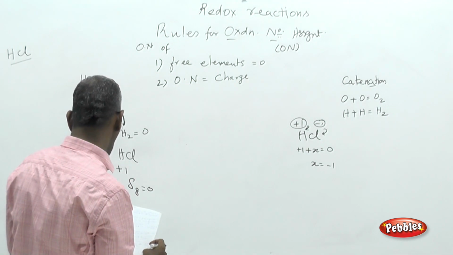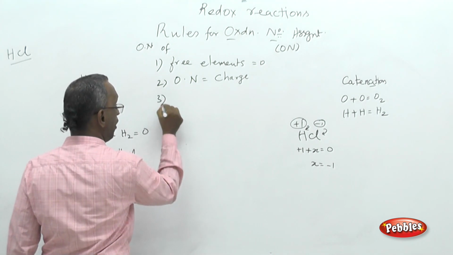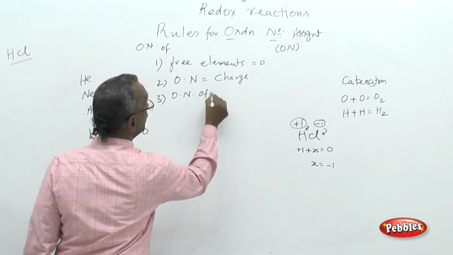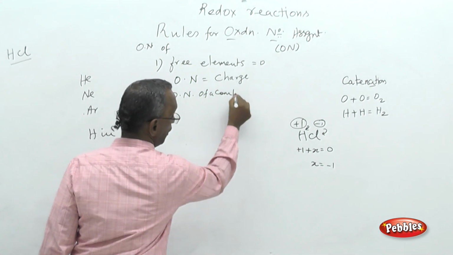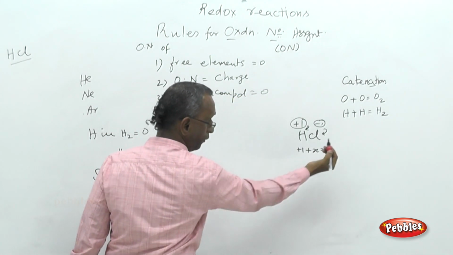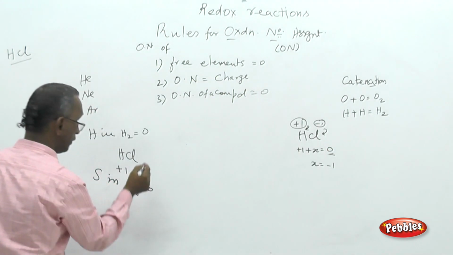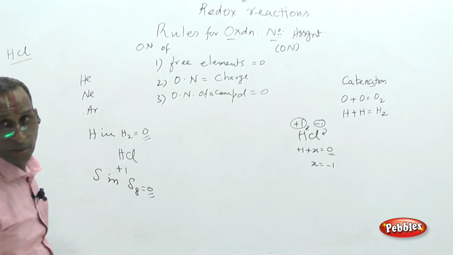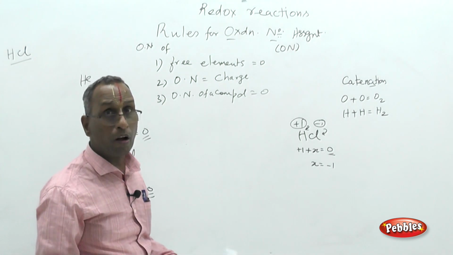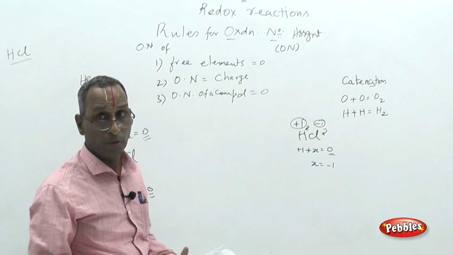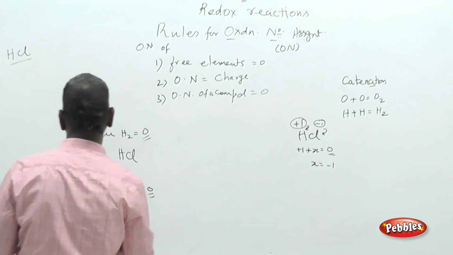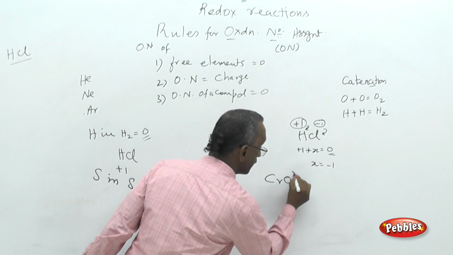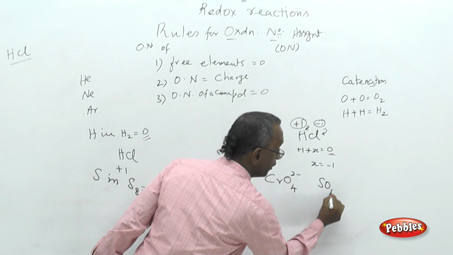Third point: the oxidation number of a full compound is 0. Everywhere we equate only to 0. The oxidation number of a compound is taken as 0, but the oxidation number of an ion is not taken as 0. For example, the chromate ion CrO4 2-, or the sulfate ion.